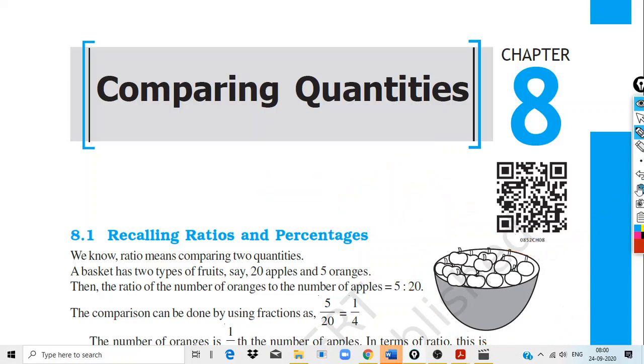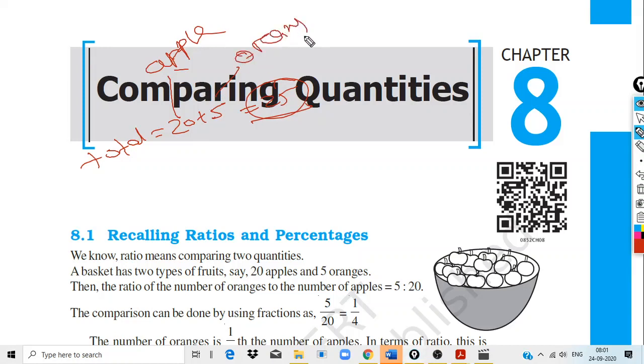So you can clearly see here are 5 oranges, 1, 2, 3, 4, 5, and the rest of the fruits are apples. So the total number of fruits is equal to 20 plus 5 equals 25 fruits, out of which 20 are apples and 5 are oranges.